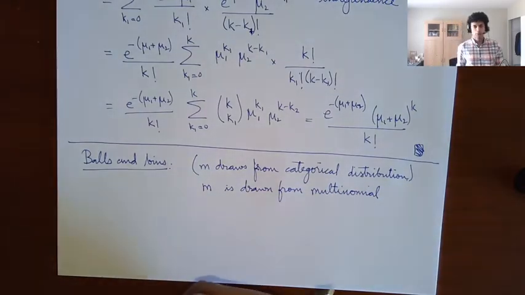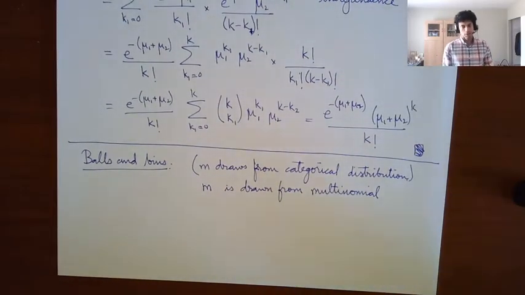Right, so multinomial is just a fancy term for saying you do some number of draws from an arbitrary discrete distribution.